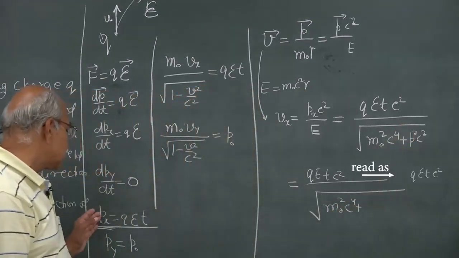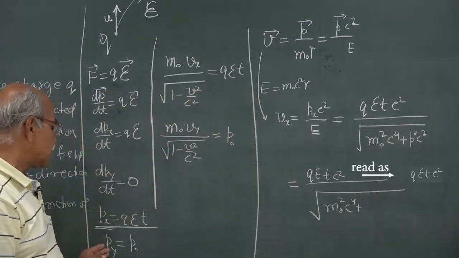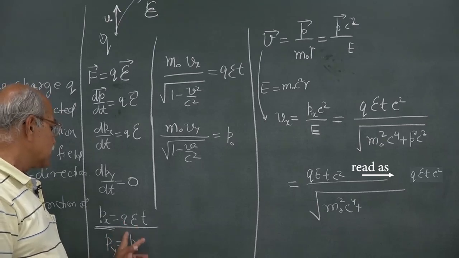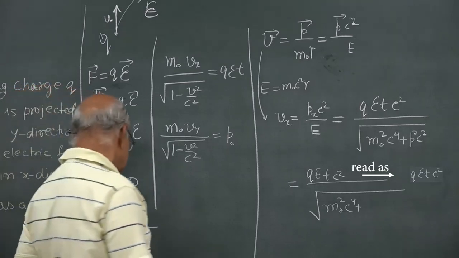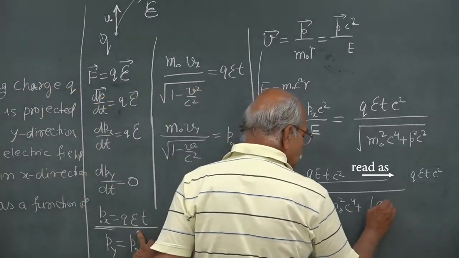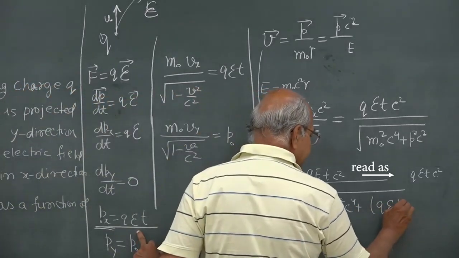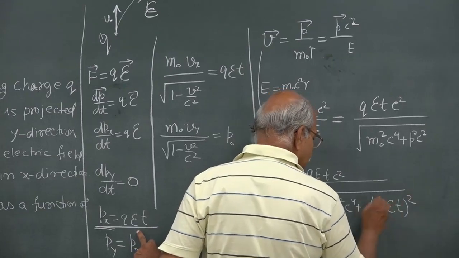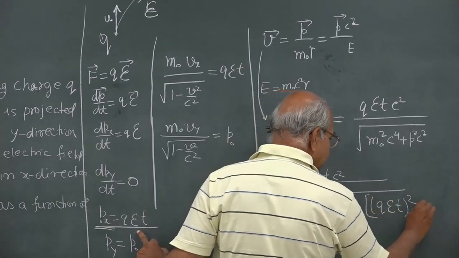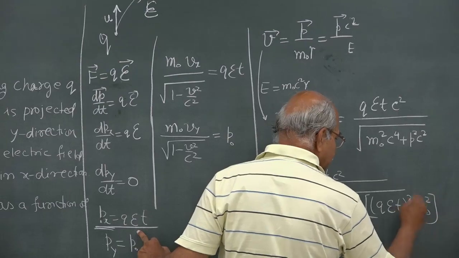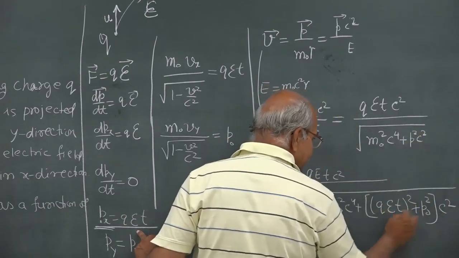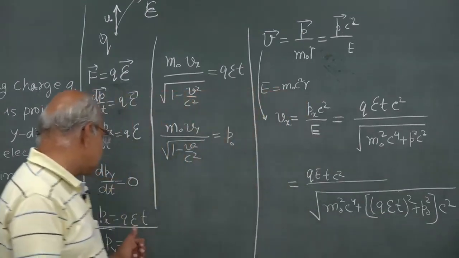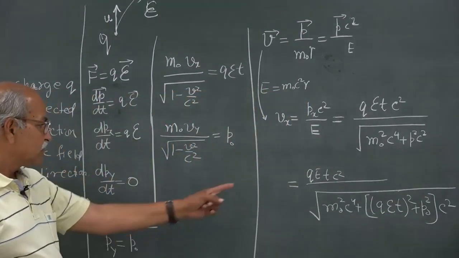It is px square plus py square. So, this Qet square plus p naught square will be p square. So it is Qet square plus p naught square, and then c square. Here p square is px square plus py square.